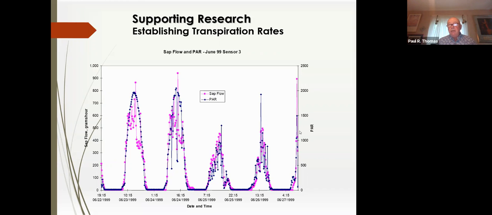With other species, there are more variables introduced by relative humidity and wind and temperature. Willows and poplars we like to use because they're a little less coupled to the atmosphere and react pretty much in a straight line. If the sun's out, they're going to be transpiring water.